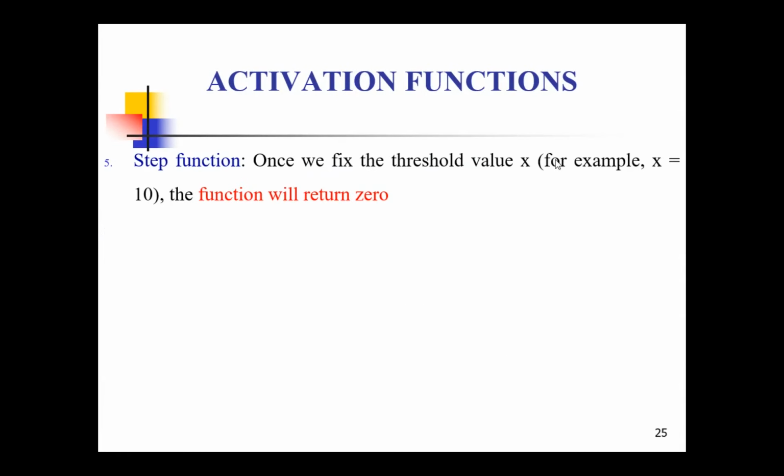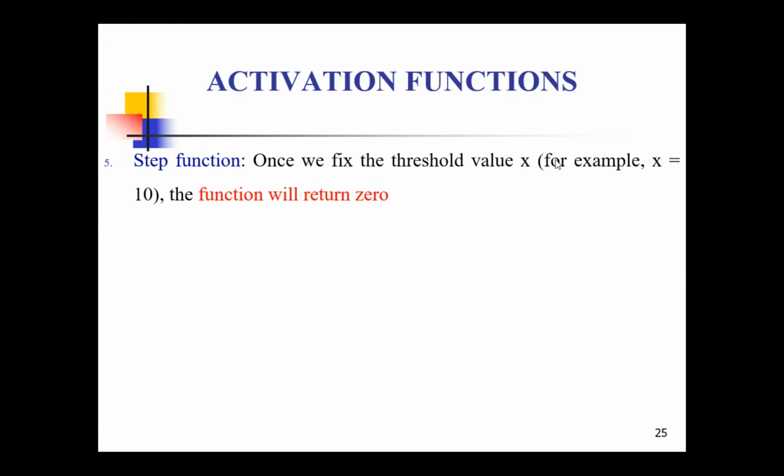The first activation function that we are going to see is the step function. Once we fix the threshold value, a neuron gets activated or inhibited depending upon it. When the value of the input to this specific neuron is higher than the threshold value, then only it will get activated.